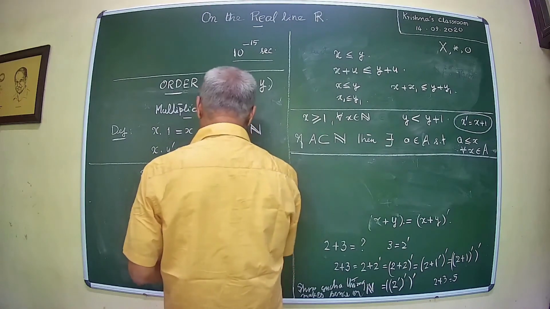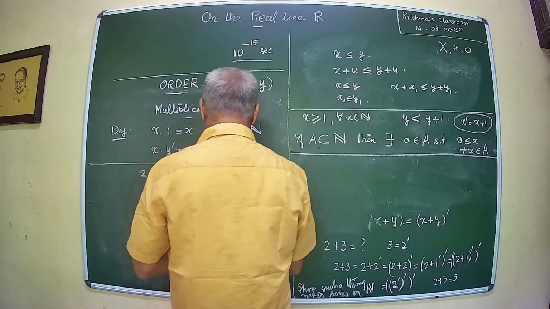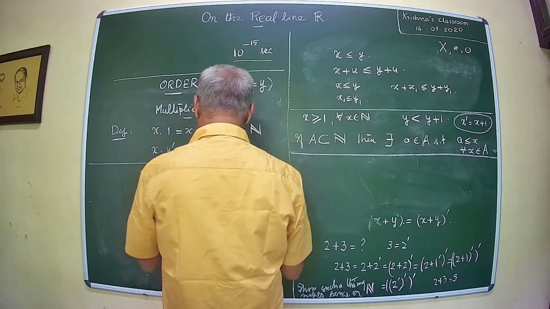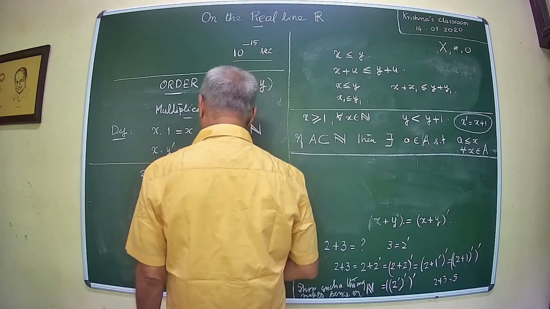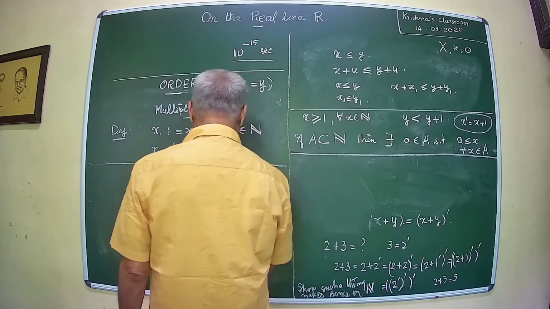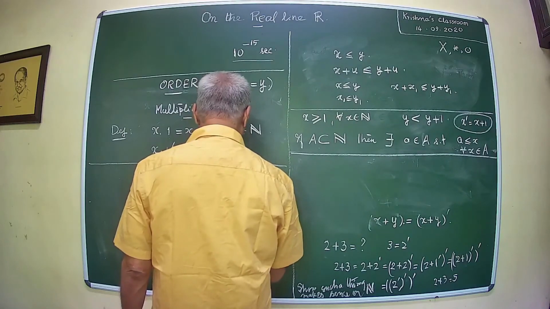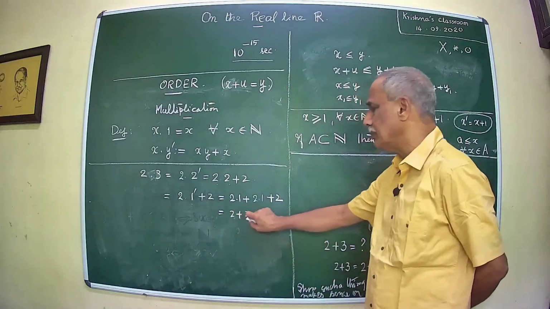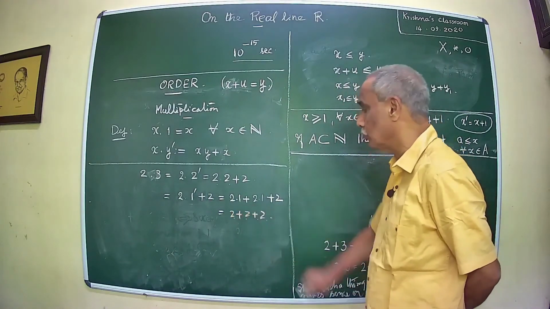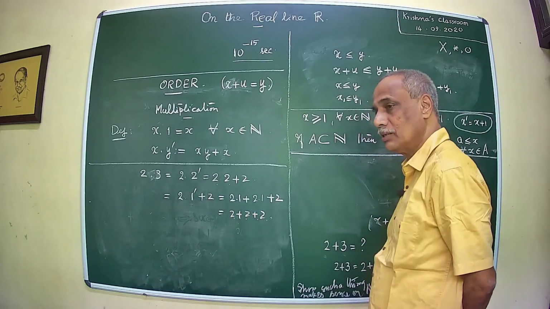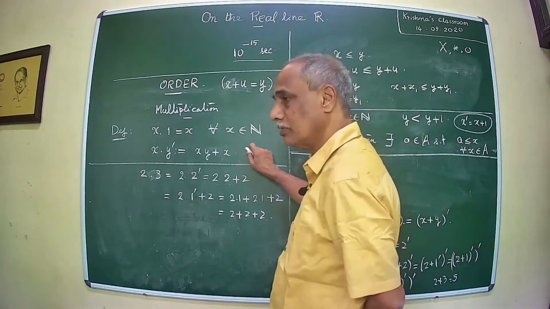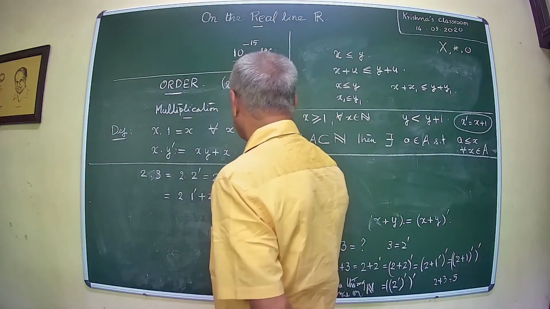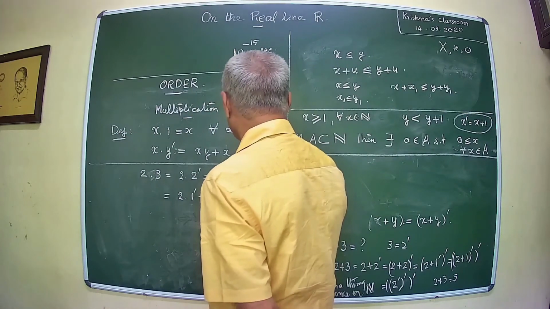By definition, this is actually 2 into 1 plus 2, plus 2. But 2 into 1 is 2, so this is 2 plus 2 plus 2. Okay? But it is a repeated addition. 3 times you add 2 to itself. Okay? So that's what you get. So this is the school definition that you are familiar with, which has been put in this form. So this is true for every x, y belonging to n.